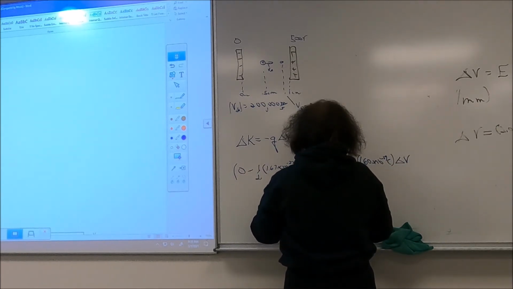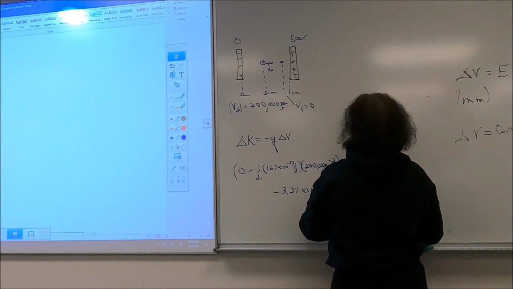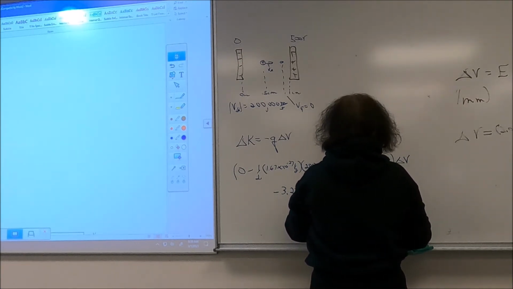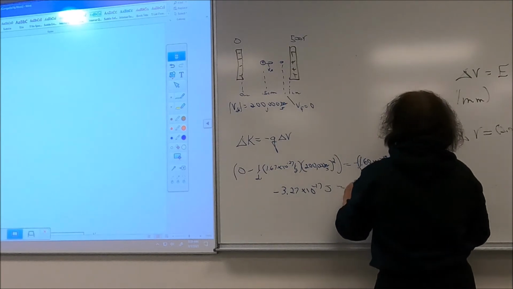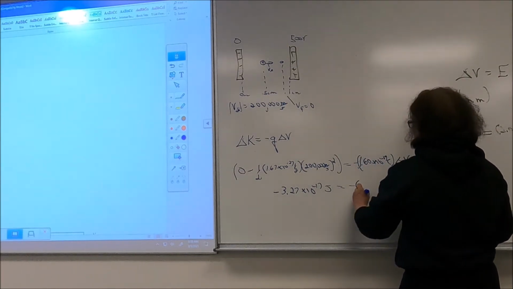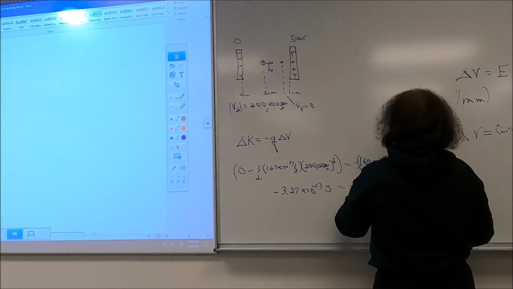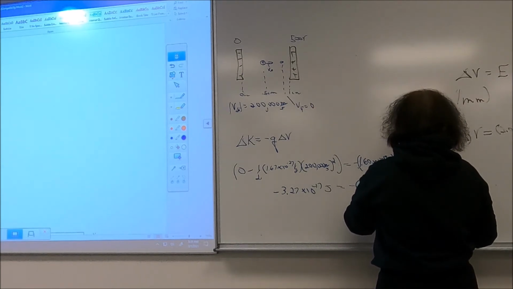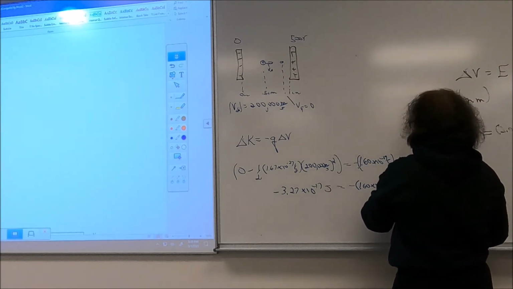So I get a minus 3.27 times 10 to the minus 17 joules has to equal the negative of 1.60 times 10 to the minus 19 coulombs delta V.